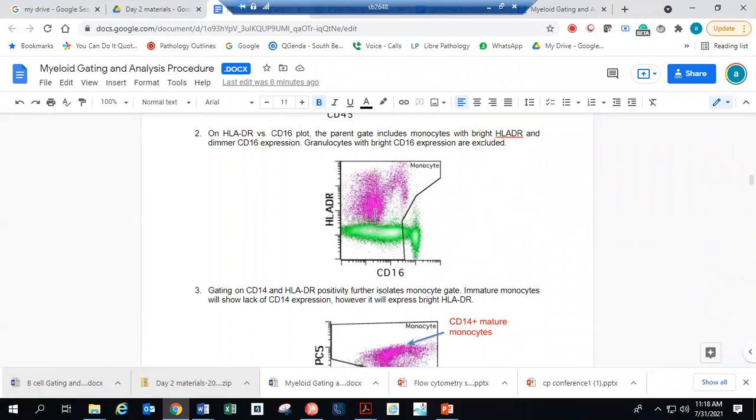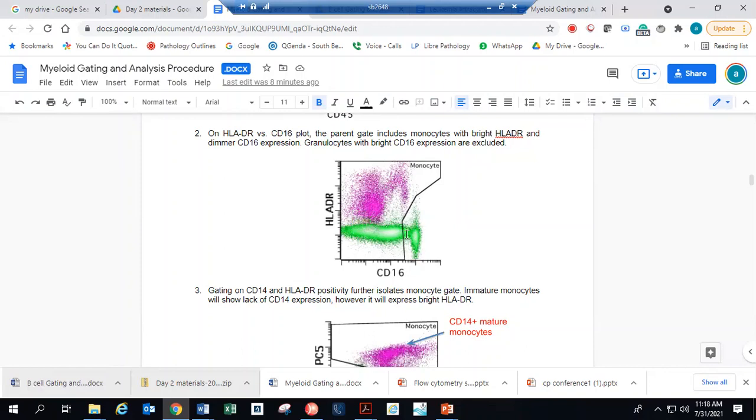Again, emphasizing the same point that HLA-DR will be brighter in case of monocytes as compared to the granulocytes. And as I was saying, CD15 and CD16, if you remember, are mature granulocyte markers. CD15, though it will be present throughout the series, will still be brighter in the mature.